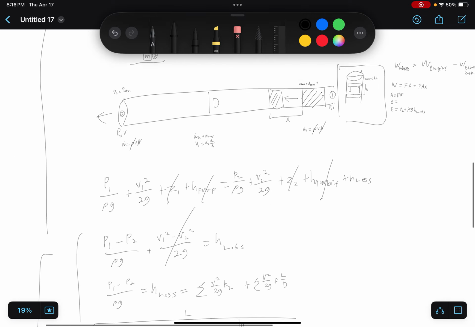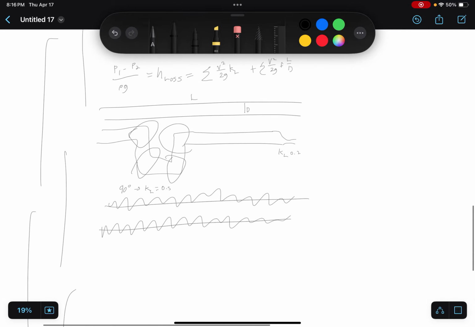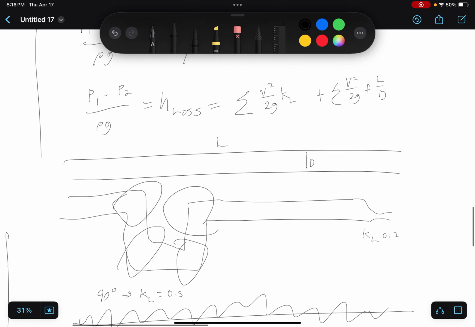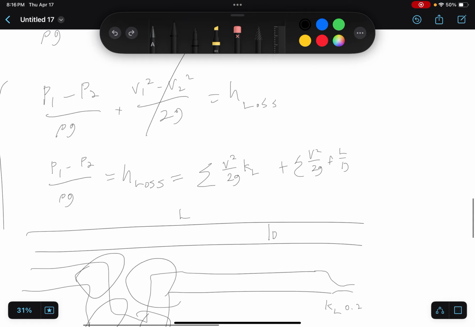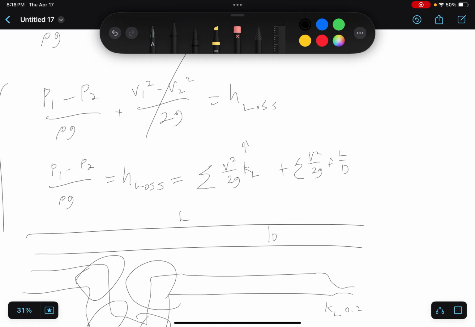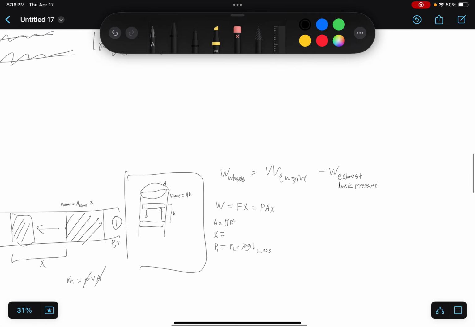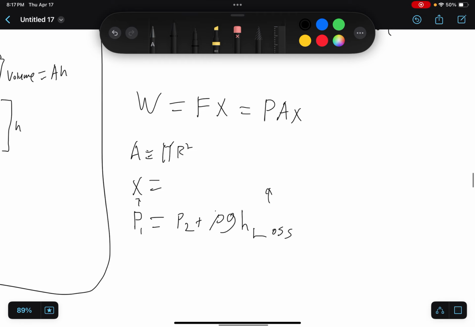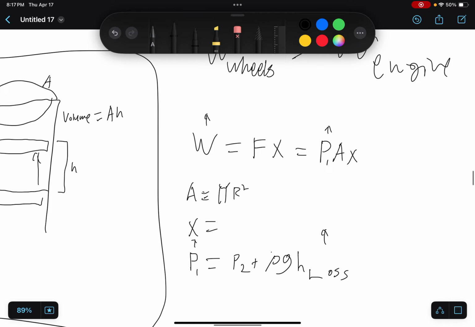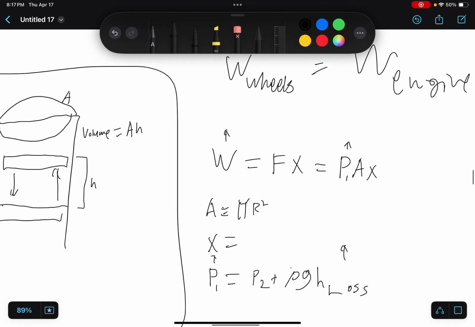cool. All right, let's walk through something from start to finish. Let's say you initially had a straight pipe like this one, and now you have this super bendy pipe. That's going to increase K_L, which will increase head loss. So this term will go up, which will increase P1, which will increase the exhaust back pressure.